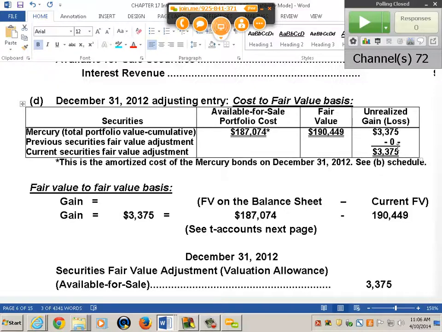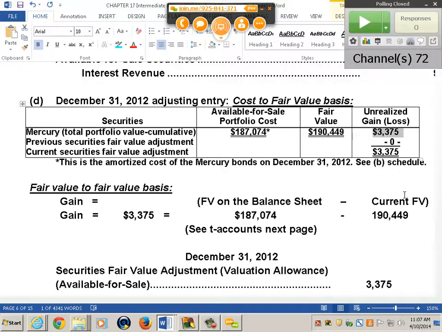The market value is 190,449. So this means, and I'm going to show you on the table, that I have to have a write-up. I need to write up this investment by $3,375. The question is whether or not the allowance account has an existing balance.